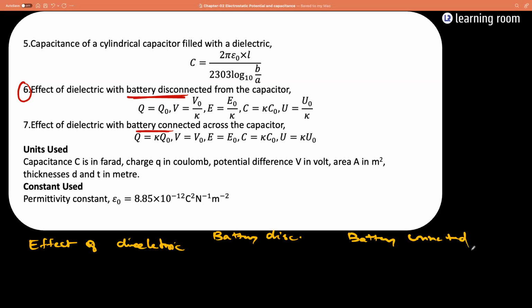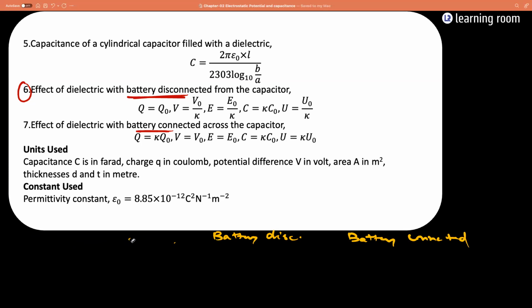There are 5 parameters we can measure with respect to them. So initially, without dielectric, I take it as one of the columns. Wait, let me make it more clear.